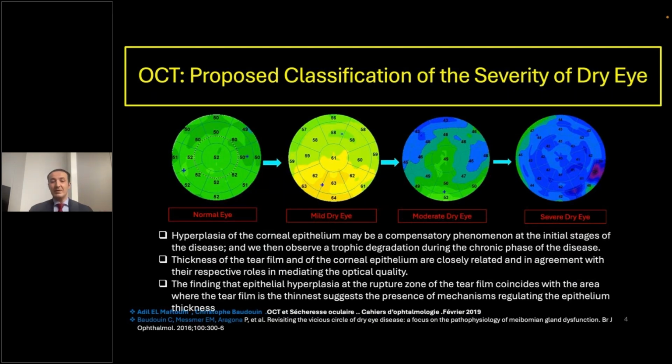And when you have a slight stage of dry eye, we observe a hyperplasia, suggesting an autoregulation mechanism between the tears and the epithelium. And after, we observe a trophic thinning of the epithelium in a moderate dry eye and in the severe dry eye, probably due to the increase of blinking and probably another process of apoptosis.